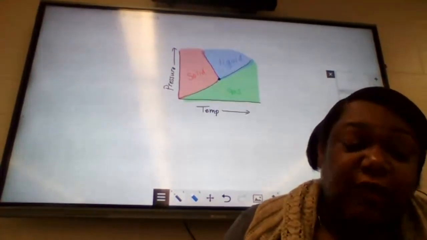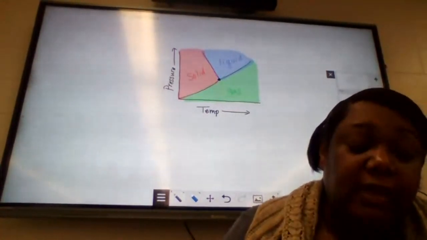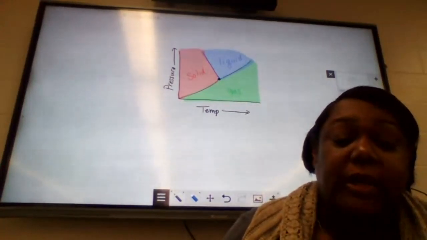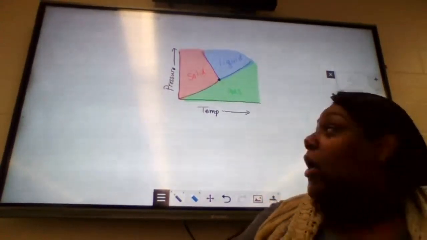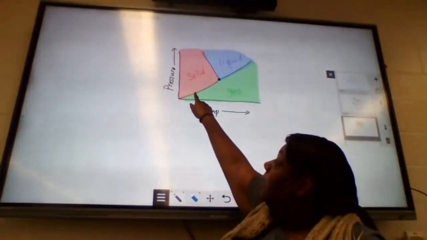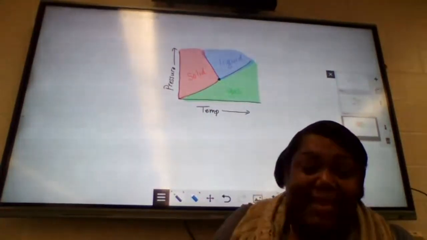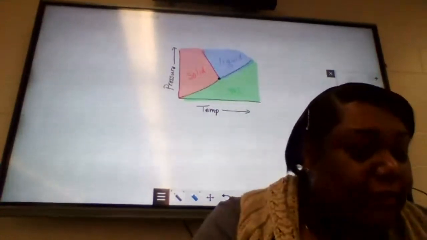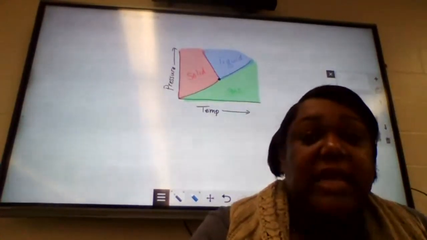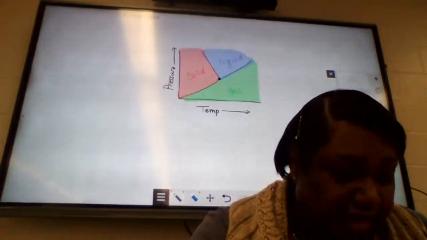At those phase changes, your material will be present, but you'll have particles that are in both phases. So when you're on that line, you've got materials that are present in both the solid phase and the gas phase. And if you have those, then you're at a phase change.